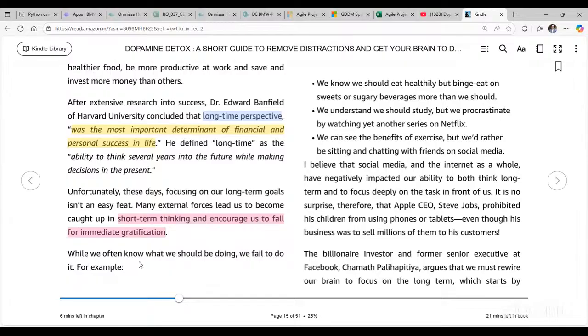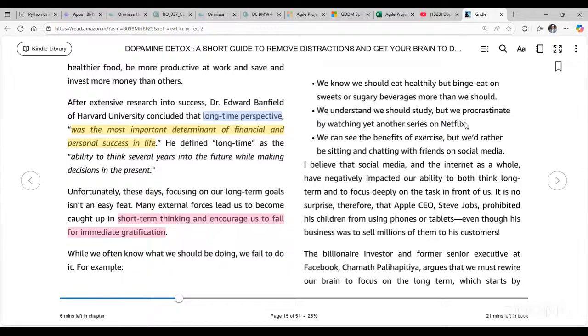While we often know what we should be doing, we fail to do it. For example, we know we should eat healthy, but binge eat on sweets or sugary beverages more than we should. We understand we should study, but we procrastinate by watching yet another series on Netflix. So this is also a procrastination reason.